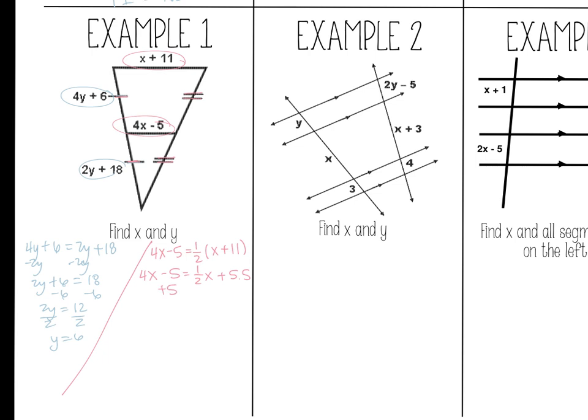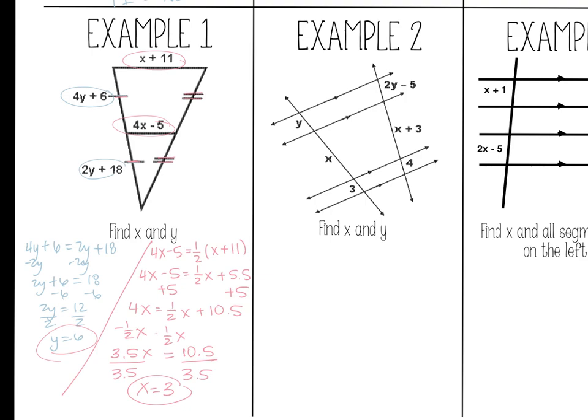Let's add 5 to both sides. So I have 4x equals 1/2 x plus 10.5. And then now I can subtract 1/2 x from both sides. So now I have 3.5x equals 10.5. Now I divide off my 3.5, and x equals 3. So x equals 3 and y equals 6.